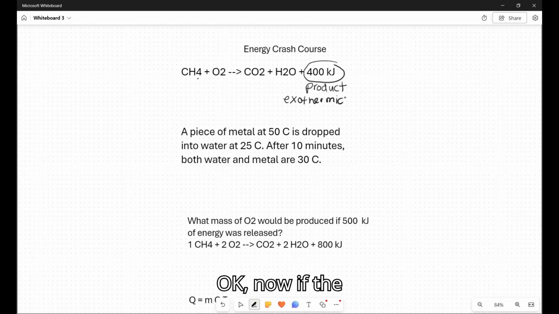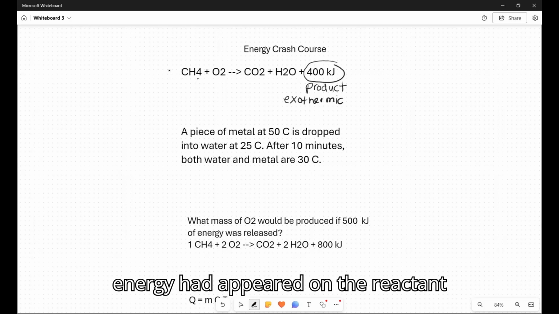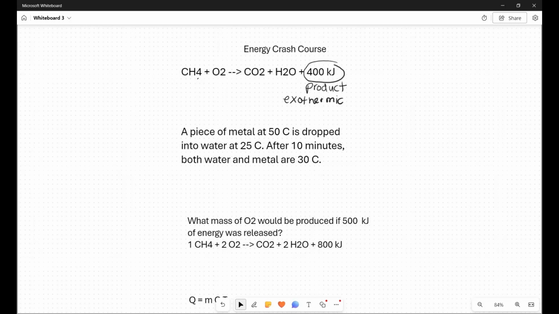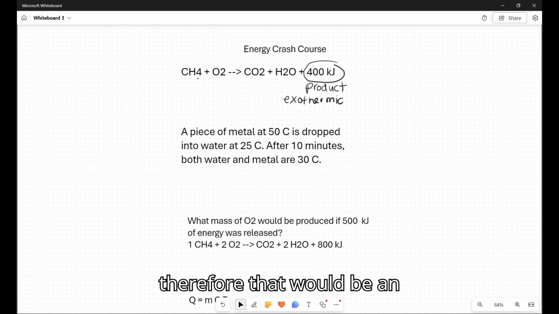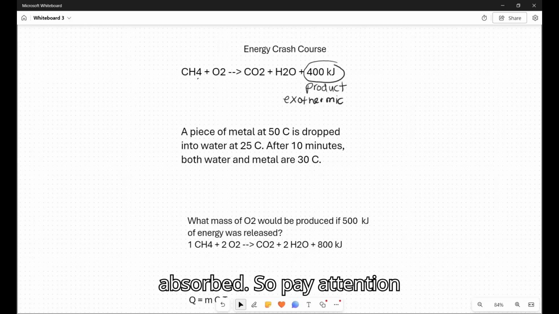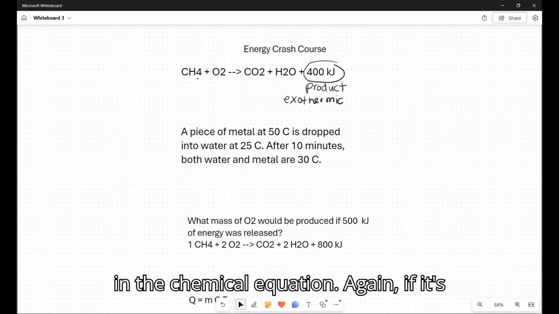Now, if the energy had appeared on the reactant side, then that means that energy is a reactant, and therefore that would be an endothermic reaction because heat is absorbed. So pay attention to where the energy shows up in the chemical equation.